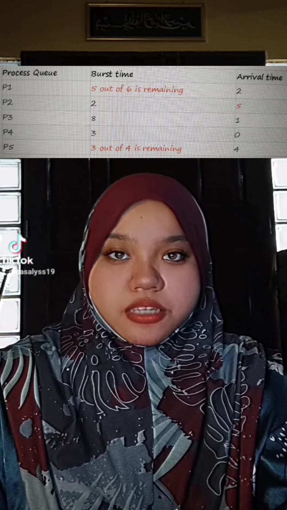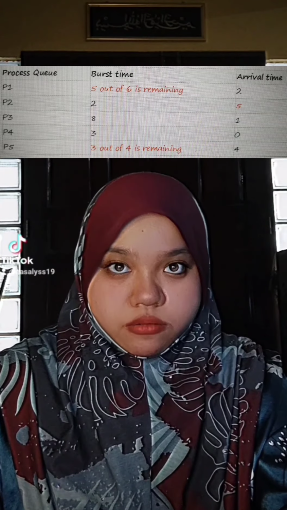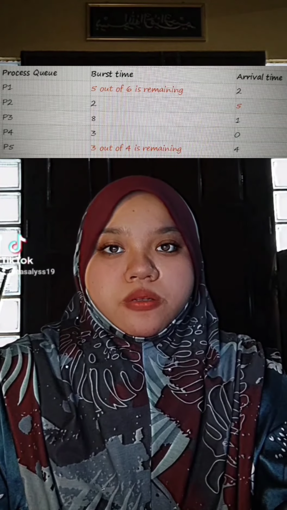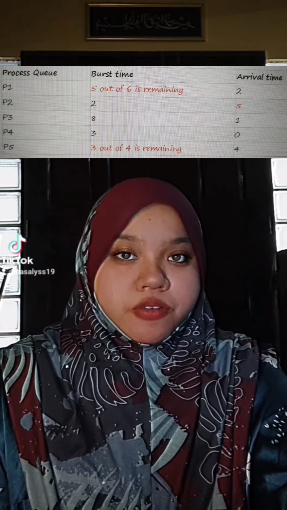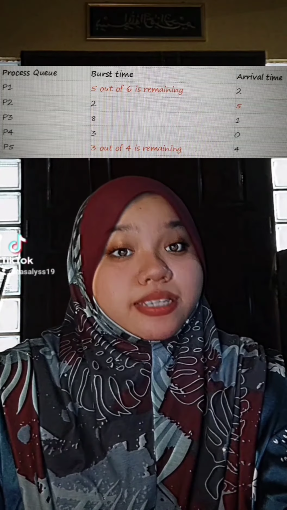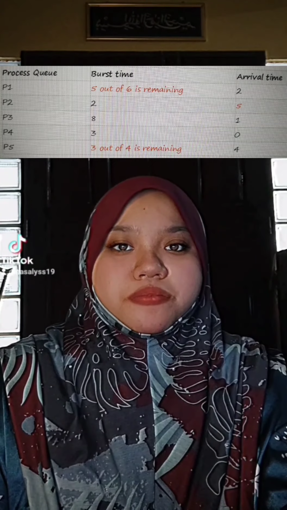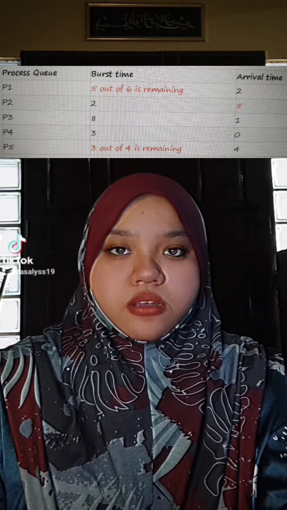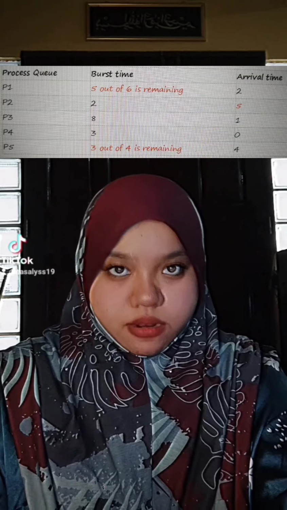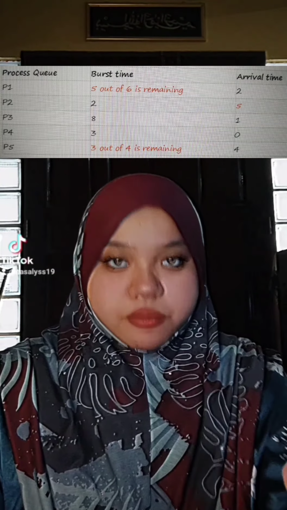So at time 5, P2 arrives and executes. In total there will be P4 first, then P1, P5, then P2. At time 7, P2 finishes its execution. The burst times of P1, P3, and P5 are compared. Process P5 is executed because its burst time is lesser. At time 10, P5 finishes its execution.